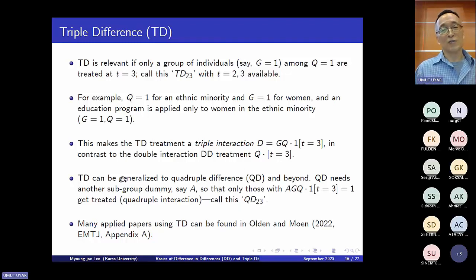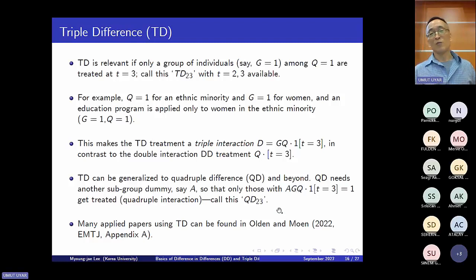If you like, you can generalize TD even further to quadruple difference, namely your qualification condition is a product of three domains. This can happen. Many government policies have a number of conditions.